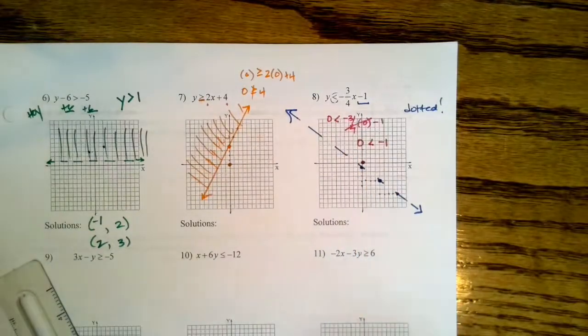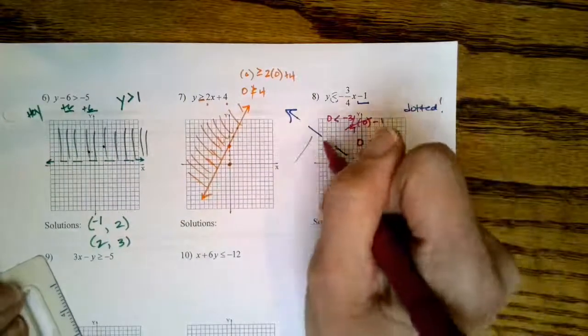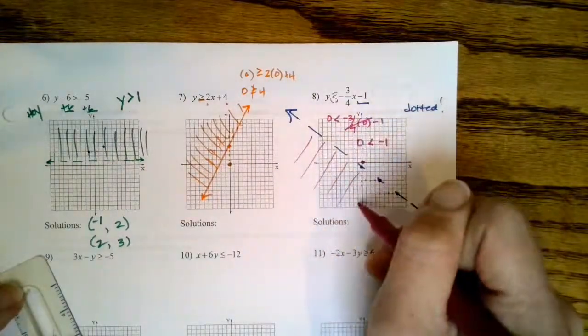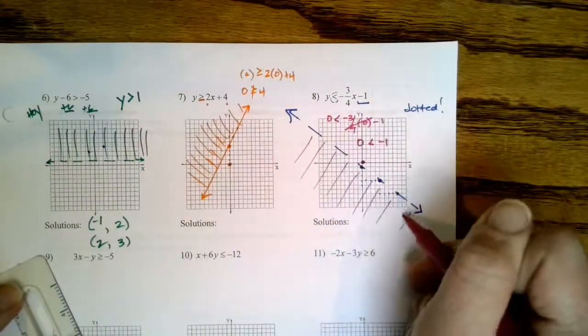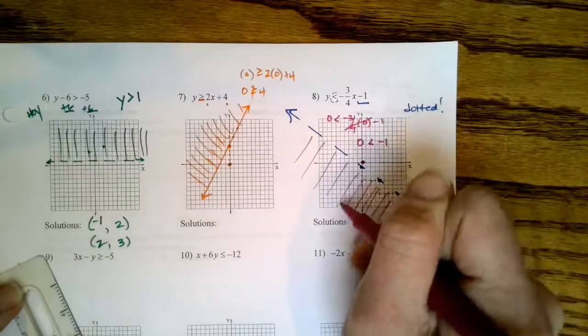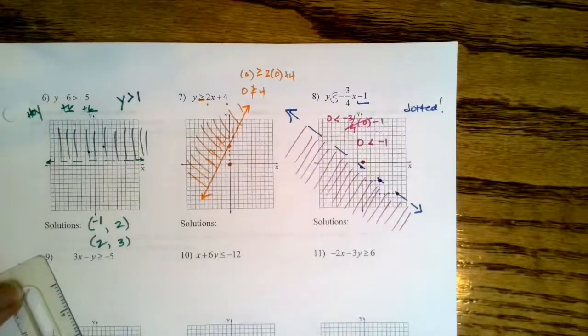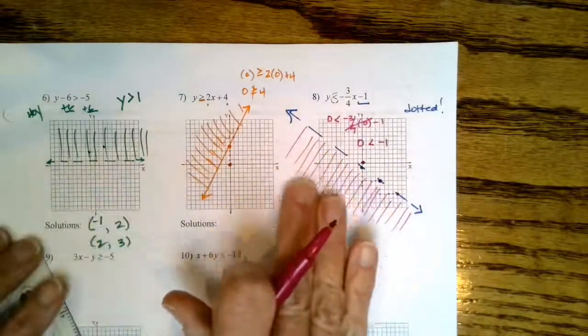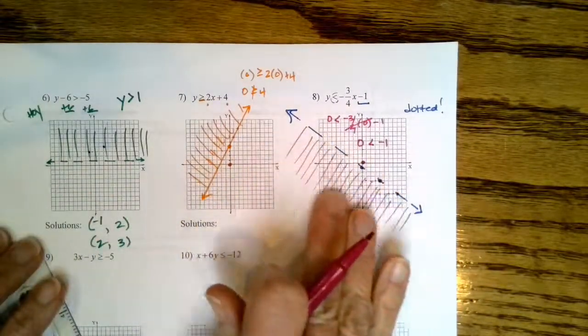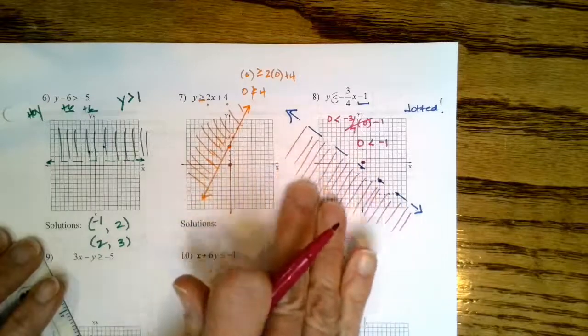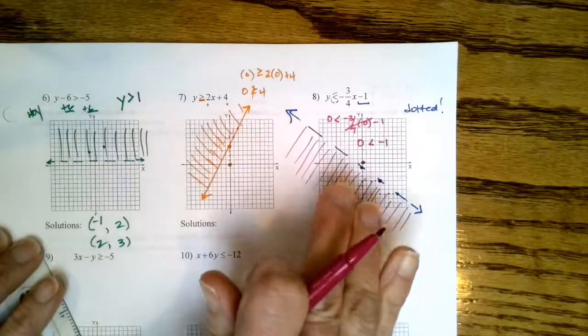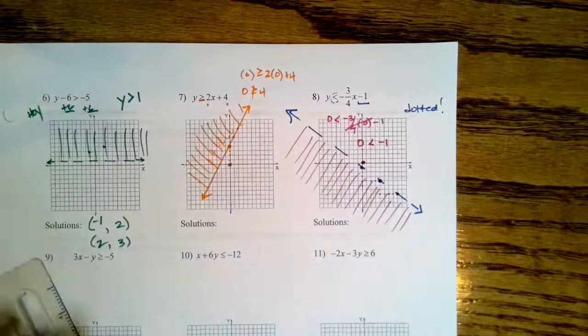No, that's not true. So again, I'm going to shade opposite of where my test point was because my test point did not make it true. This graph represents a picture of all the solutions. Every xy ordered pair that makes this equation true is sitting in that colored area.